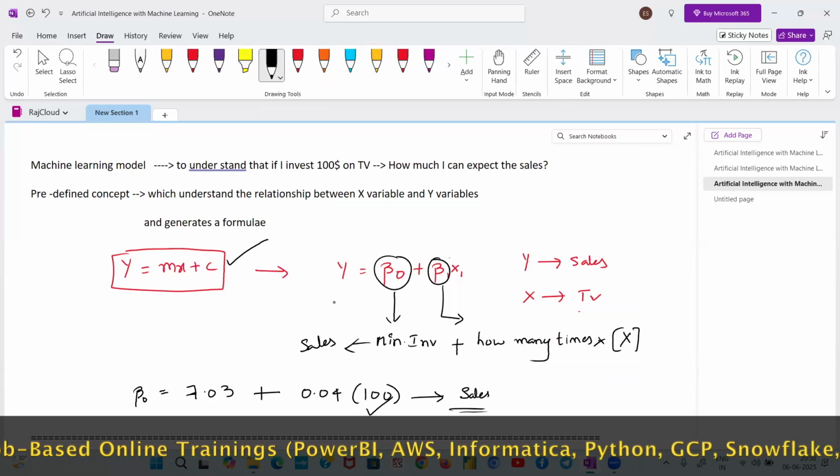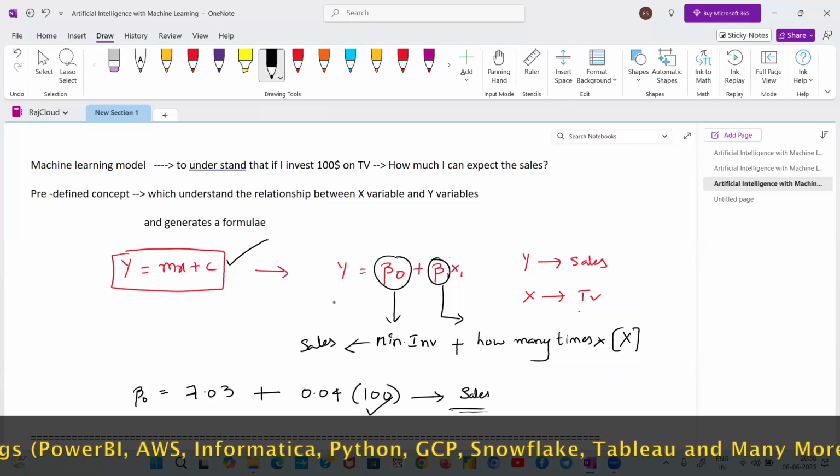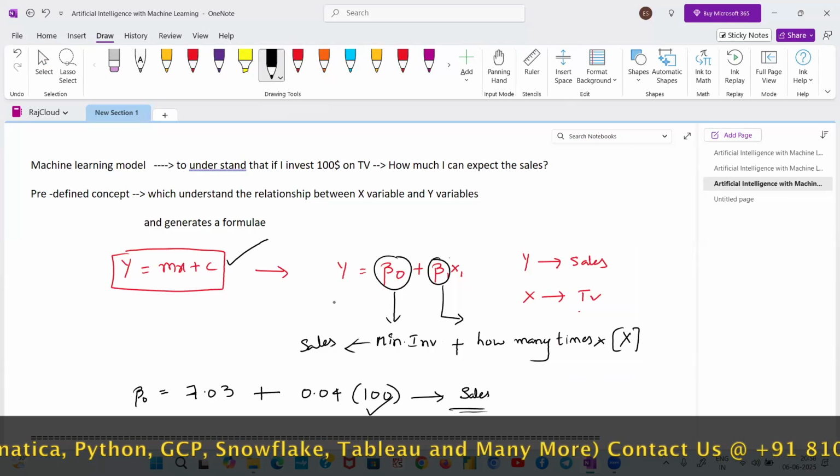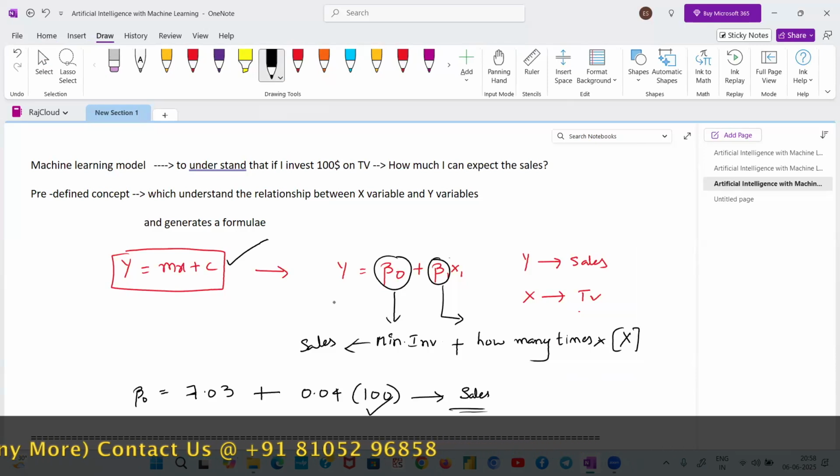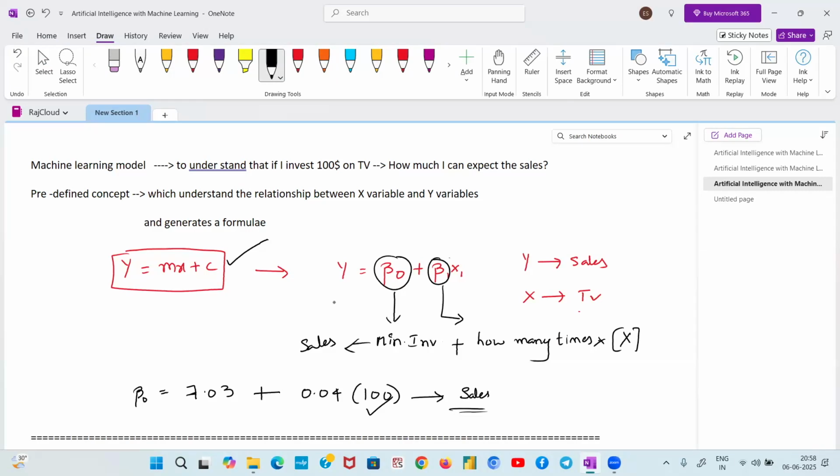Actually we are not doing it, our machine is doing all these things. So this is what is called machine learning. The more the machine is trained with these kinds of scenarios, our machine will start predicting about the future.